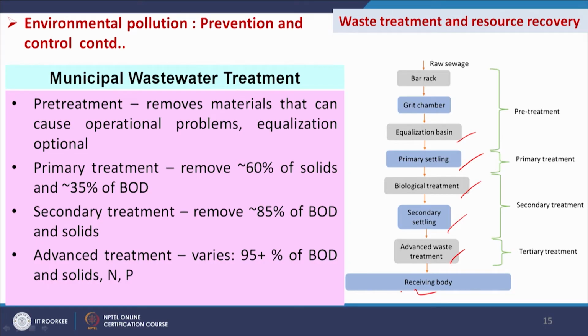We see that primary treatment removes 60% of solids and 35% of BOD, secondary treatment removes 85% of BOD and solids, and advanced treatment removes about 95% of BOD and solids; nitrogen, phosphorus and all those things are removed by these treatment methods.